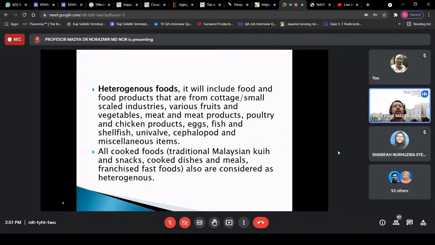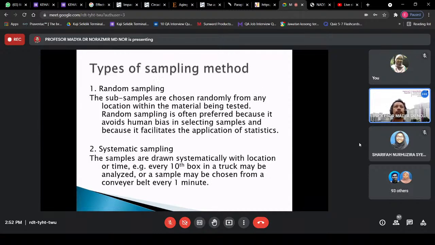So that's why we consider it as heterogeneous food, because it's produced from small scale industry, SME, or in Malay we call it IKS, industri kecil sederhana, because they cannot control the benchmarking, the standard for each product, same for all production. Okay.